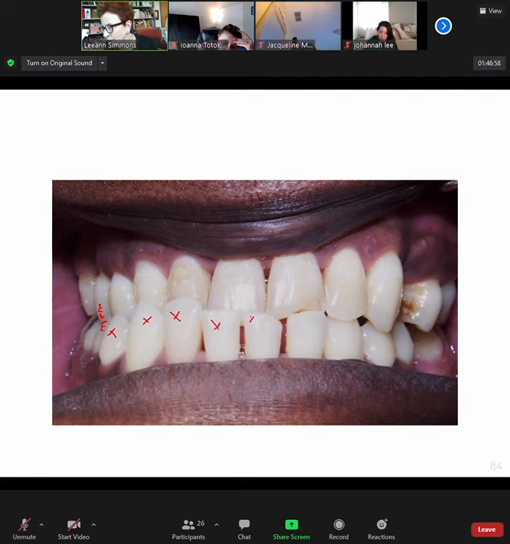This one's in crossbite with this tooth, but it's edge to edge here. Pretty cool, huh? And now edge to edge here. And then these are normal.